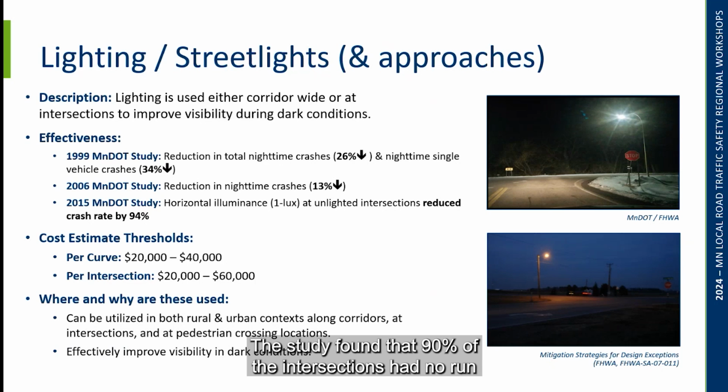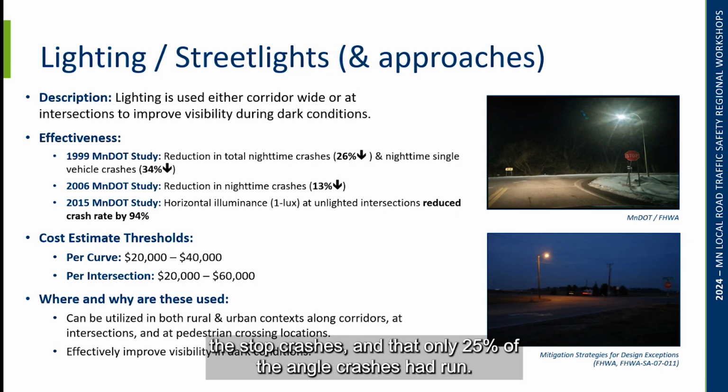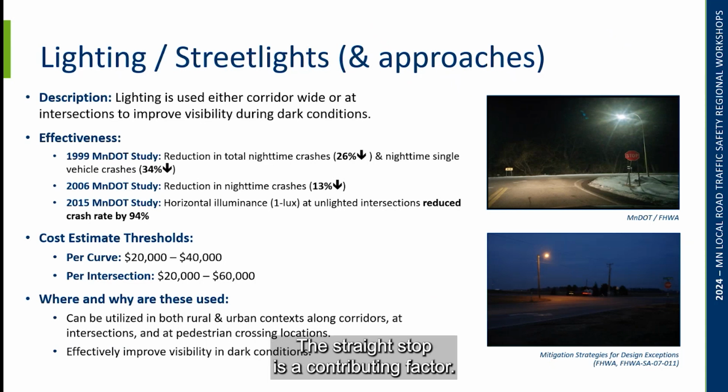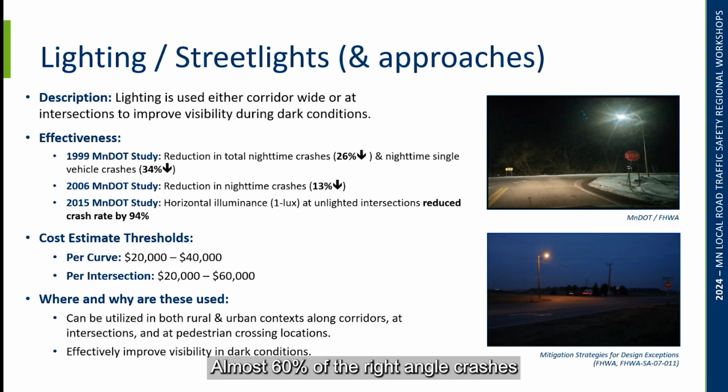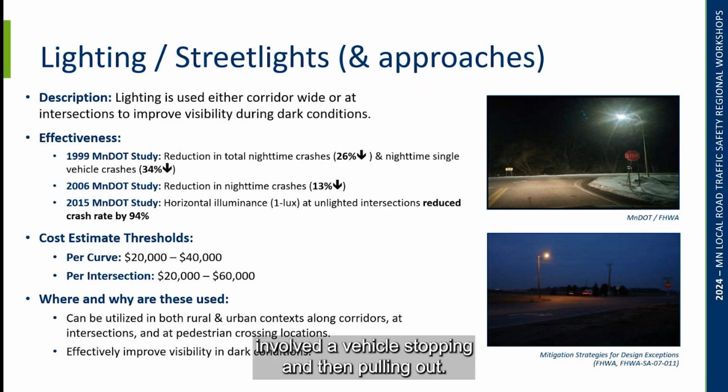The study found that 90% of the intersections had no run the stop crashes, and that only 25% of the angle crashes had run the stop as a contributing factor. Almost 60% of the right angle crashes involved a vehicle stopping and then pulling out. This research suggests that the primary factor contributing to the majority of right angle crashes was poor gap selection and not run the stop.